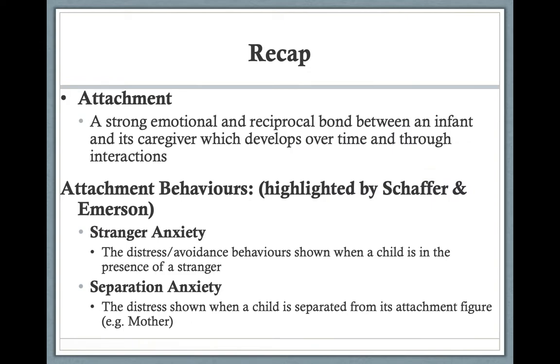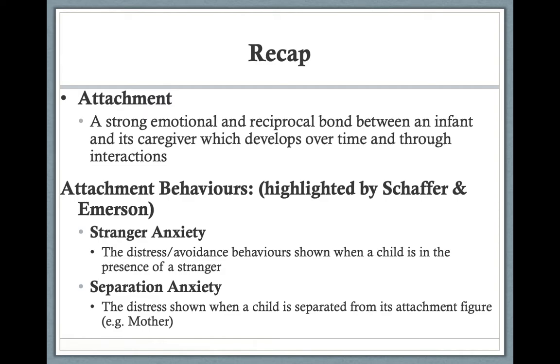So a little recap before we get into it, because a lot of this stuff links together with Ainsworth's work. So again, just a little definition of attachment there. The strong emotional and reciprocal bond between an infant and their caregiver, which develops through interaction. So the interactions themselves was what Ainsworth was looking at, and it was to establish what sort of type of attachment they looked like they had with their primary caregiver. So in this case, it was the mother.